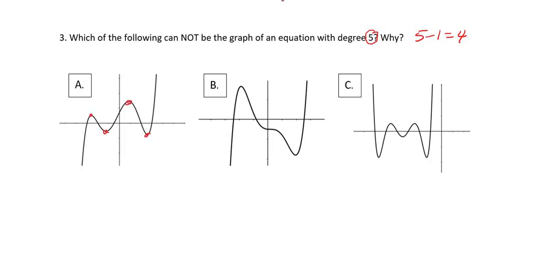Choice A has 4 turning points. Choice B has 2 turning points, so that could possibly be degree 5. And choice C has 1, 2, 3, 4, 5 turning points, so the answer here is C.